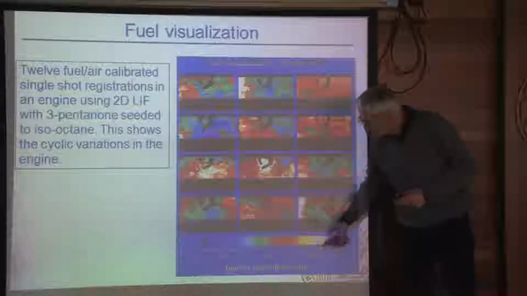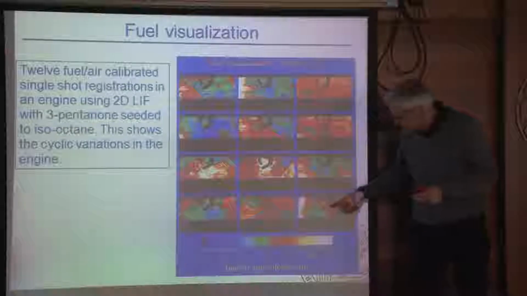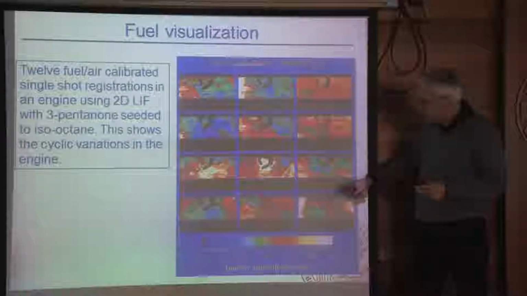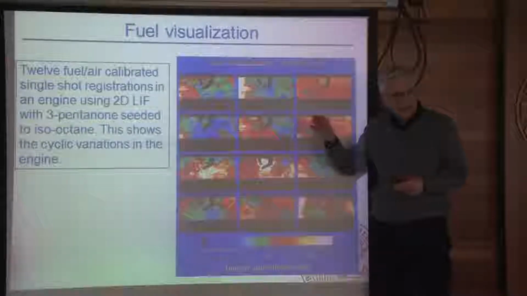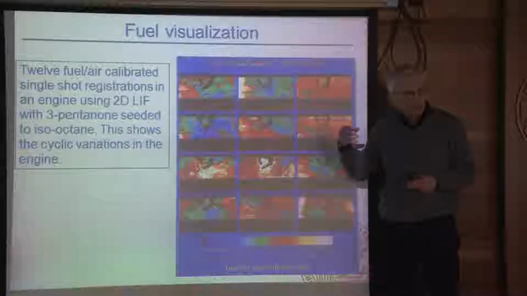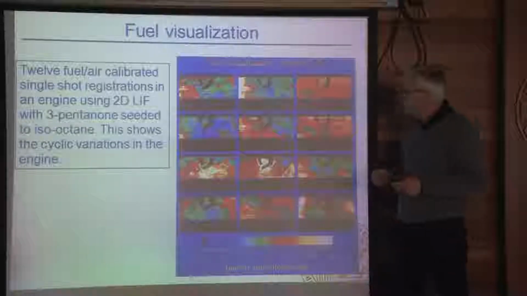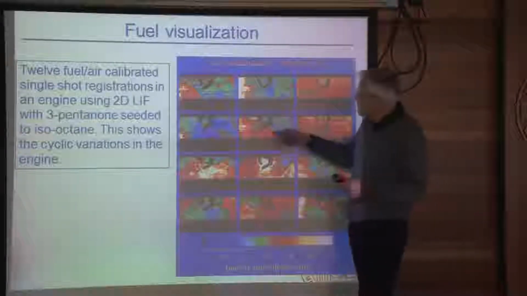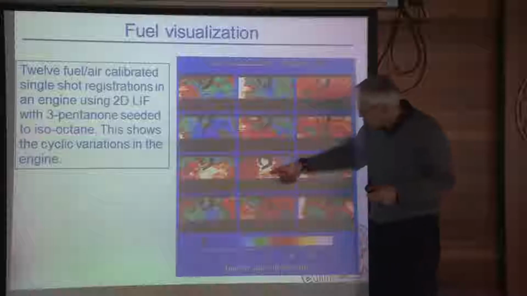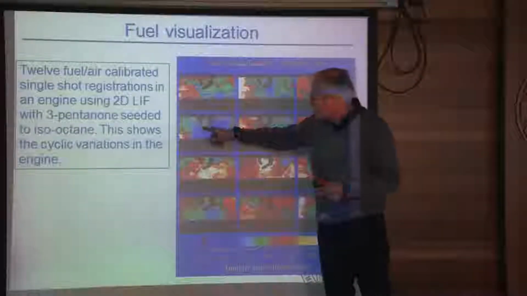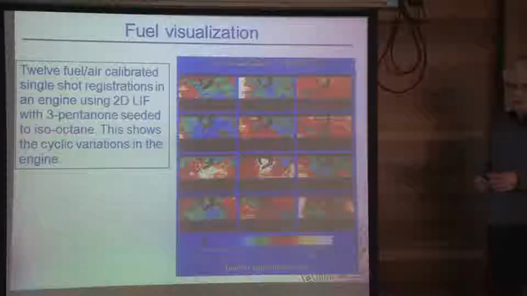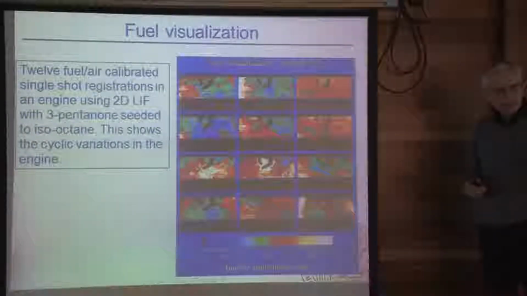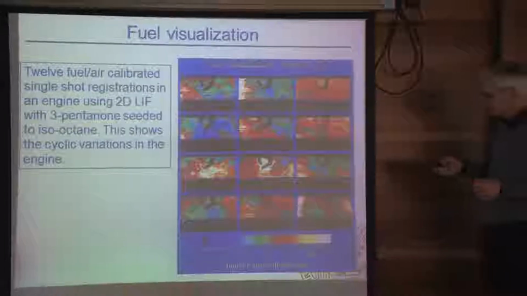So in each individual point, we can decide what the air-fuel ratio is at the spark plug at the time of ignition. And you can see here it's richer, and here it's weaker, and a lot of images like this could be used to compare to the cyclic variation later on.